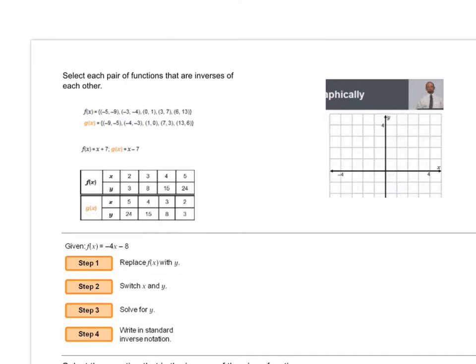On this next page, it's asking us to select each pair of functions that are inverses of each other. I have two functions, f and g, as sets of points, and two functions in table form.